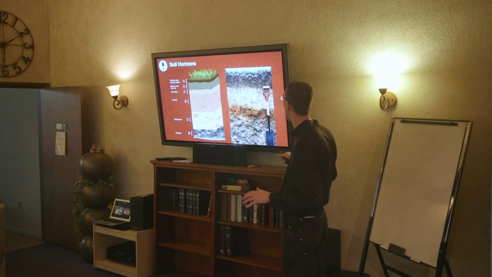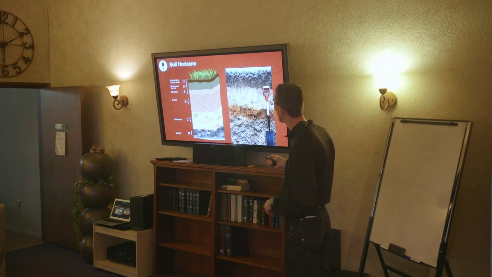So the surface of the soil is going to be the area underneath all the organic matter. And then we have the topsoil layer. So that would be this dark area here. Or well, no, I take that back. So that's this area here, A.